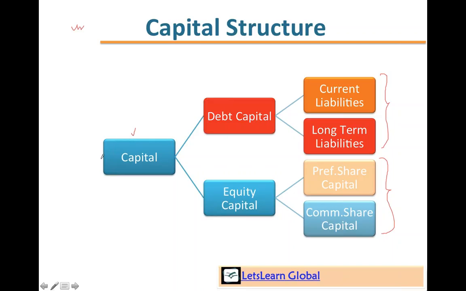So total assets equal total capital, which includes debt capital and equity capital. But what are the proportions of these two invested in purchasing the assets? That is an issue. This is what we are going to study. And this study is called capital structure analysis or solvency analysis or long-term financial analysis.